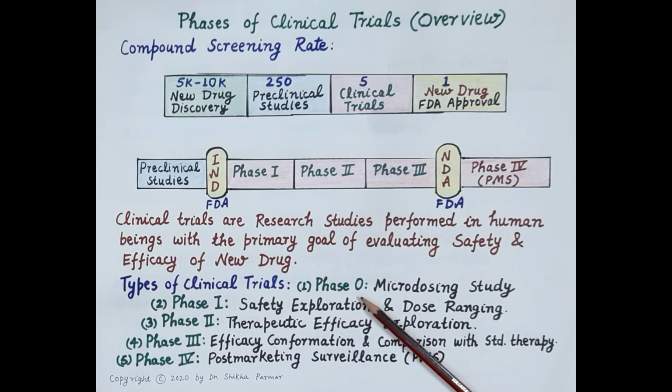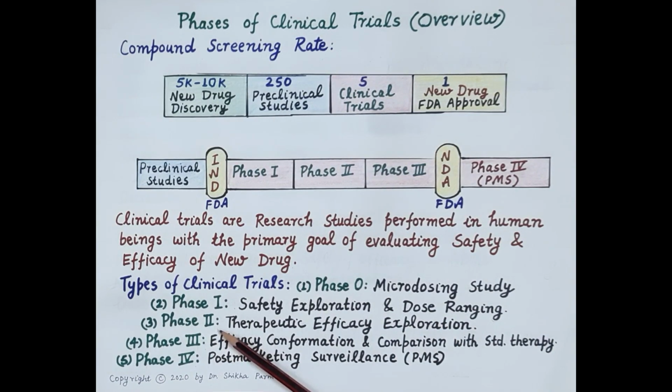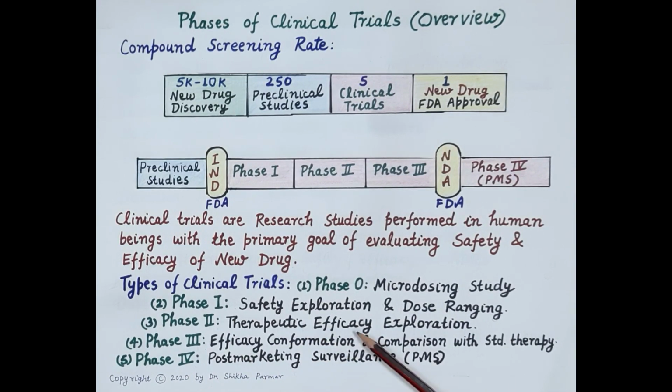Phase 0 is not mandatory and it is not performed during discovery and development of each new drug. Then phase 1 trials. These trials explore or investigate safety and the dose range of the drug candidates. Then phase 2 trials, these explore or investigate therapeutic efficacy of the drug candidates.